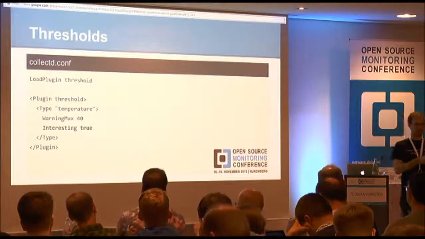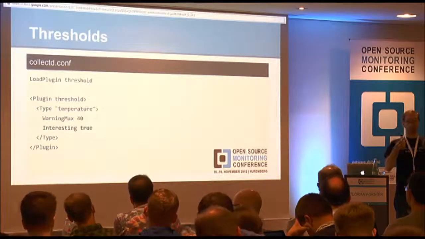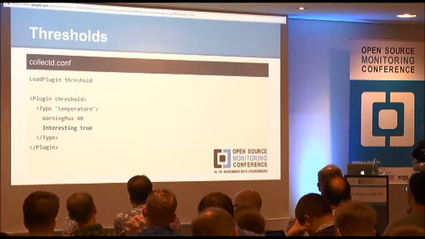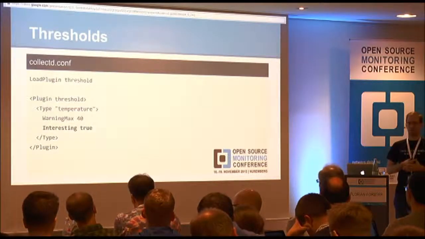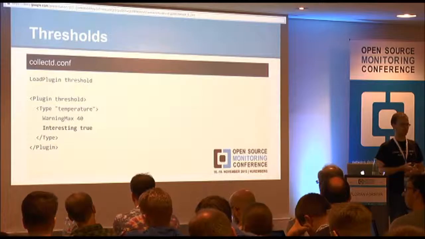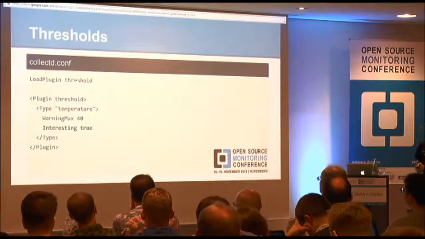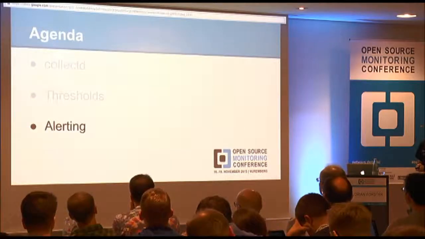So instead of 10 seconds, 20 seconds. And if I don't receive an update in 20 seconds, then this interesting true will emit a value-is-missing failure notification that you can subscribe to, or that you can use in your scripts.